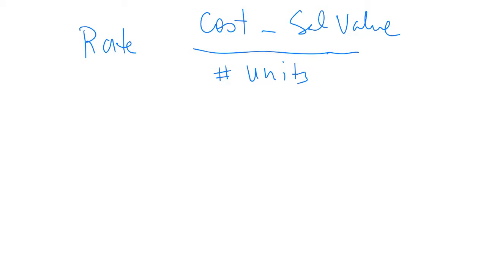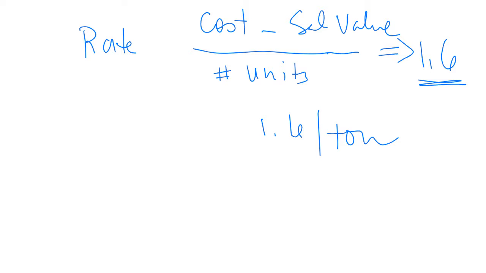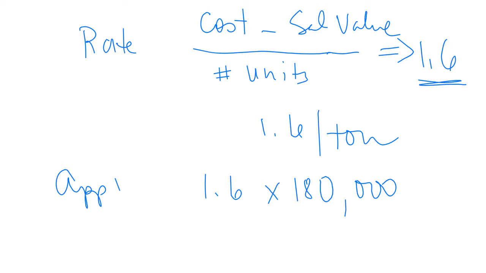So for the mine, we have the cost, the salvage value, and then we divide it by the 1 million ton of ore. And the rate, what was the rate? I already forgot. Was it 1.6? I think it was 1.6. This is the rate, 1.6 per ton. And then we applied the rate, 1.6 times 180 ton the first year. So we did both steps.